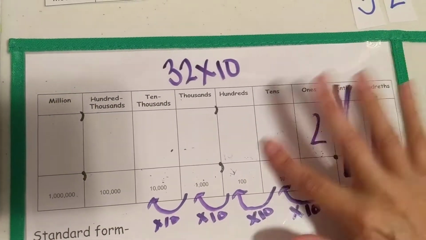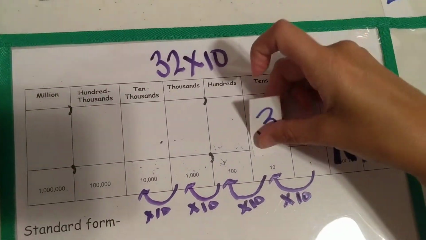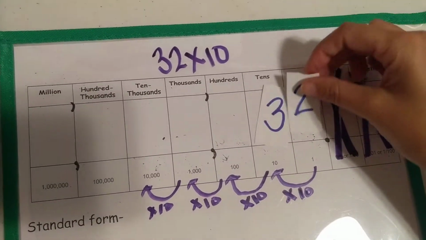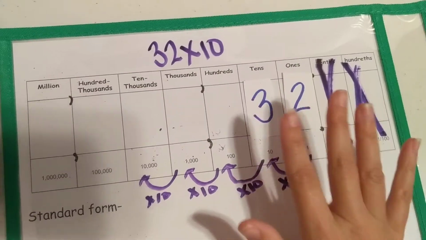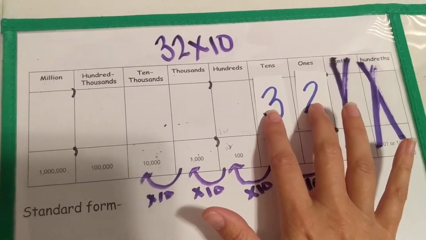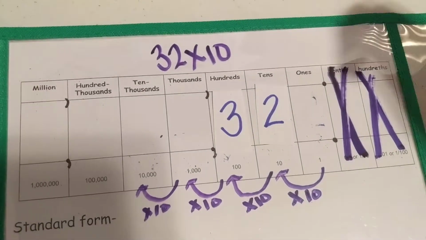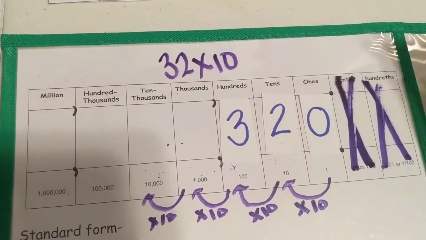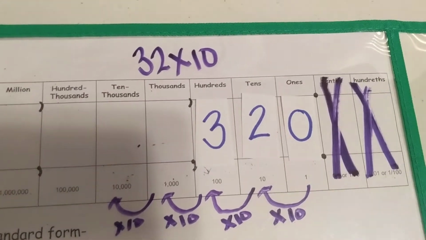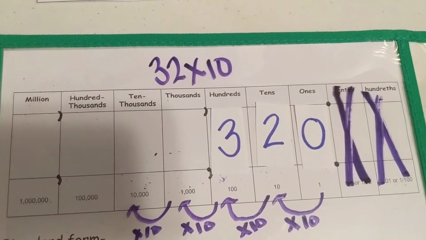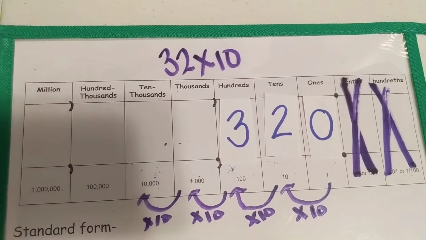So let me use this with some little papers here to help us. When we're multiplying by 10, we are shifting over a place value. And then we're going to place a 0 in the empty space to hold that place. So when we multiply 32 times 10, we're going to get 320.